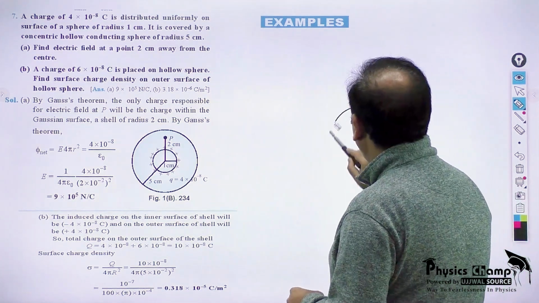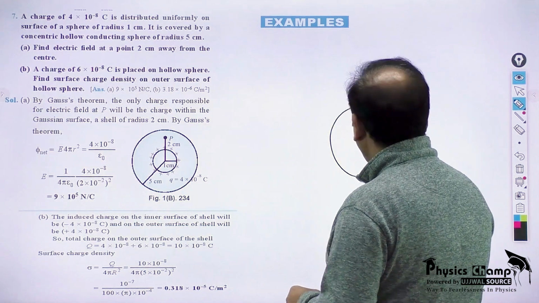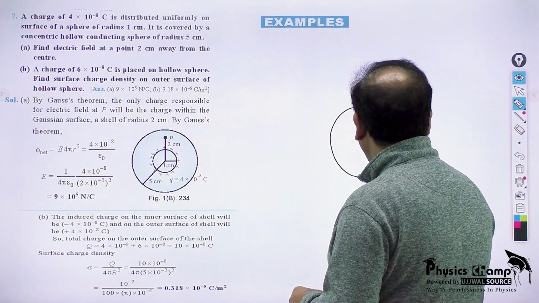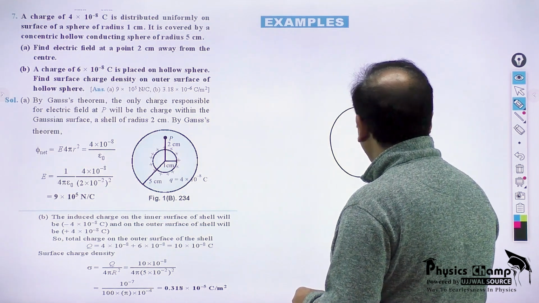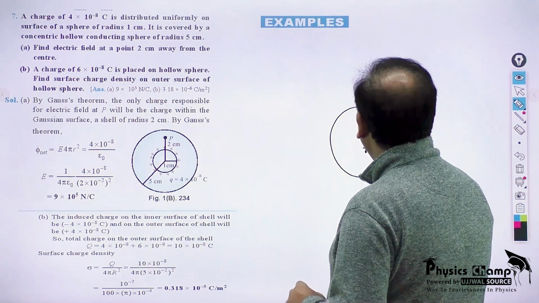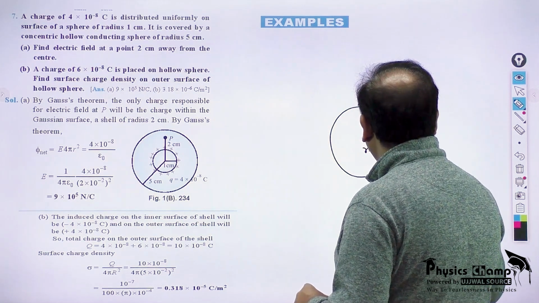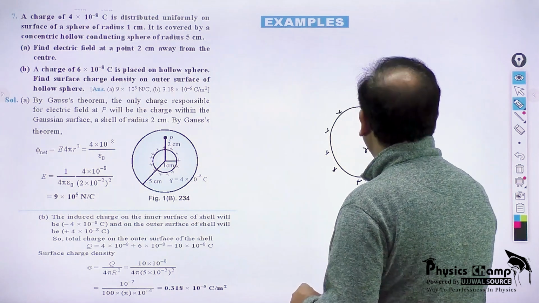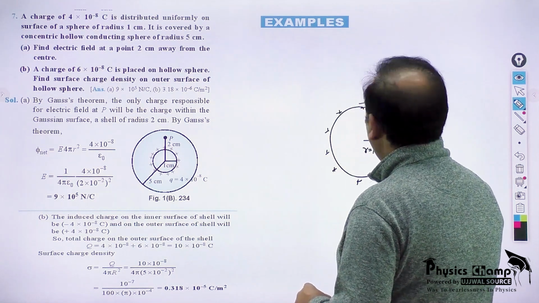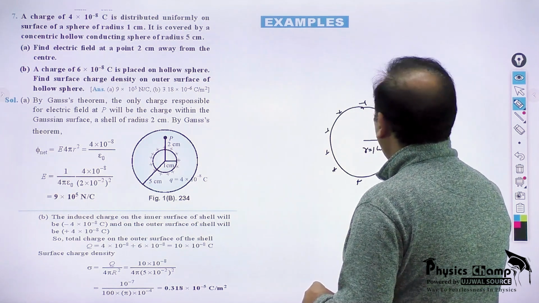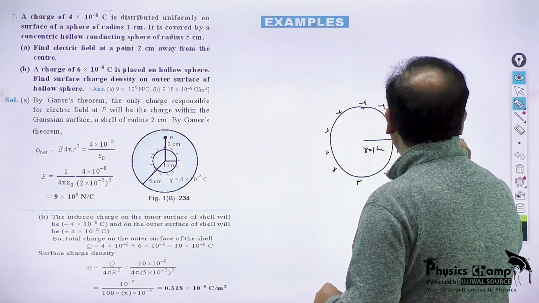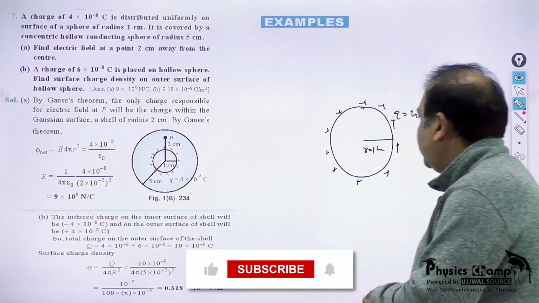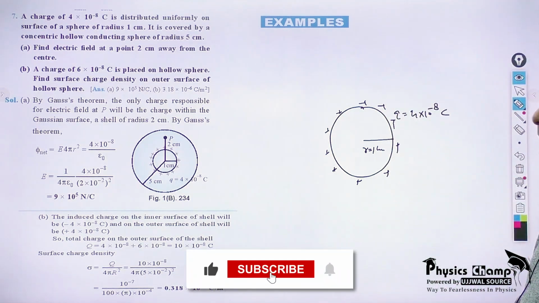So you have a sphere, and this sphere has a radius of 1 centimeter, and on the surface of this sphere a charge of 4 into 10 to the power minus 8 coulomb is distributed uniformly.